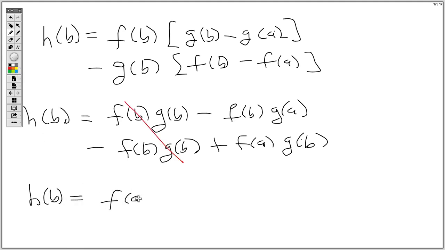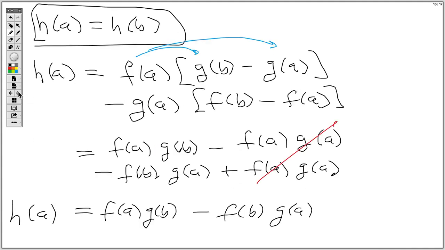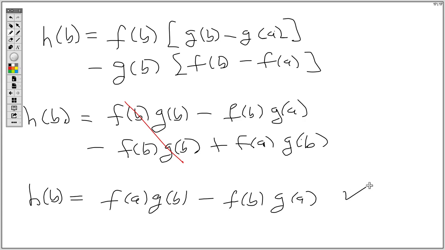So I've got f of a g of b minus f of b g of a. And hopefully that's the same thing I had before. And it is.